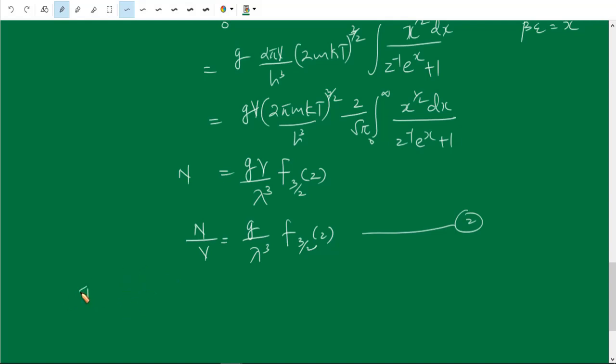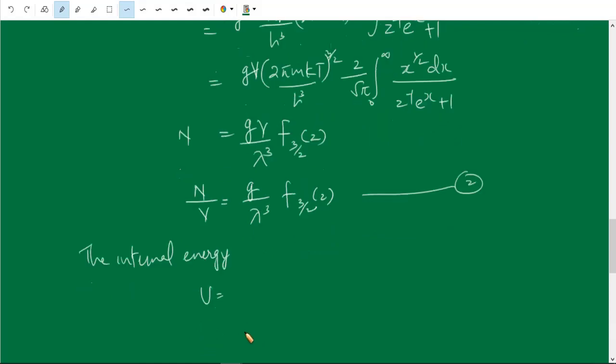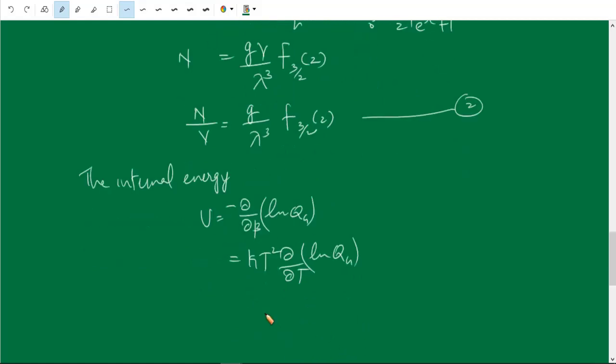Before that, the internal energy. We know the internal energy U is equal to minus the derivative with respect to beta of log Q, the grand partition function, which can again be written as kT squared partial derivative with respect to T of log Q. Now log Q is the grand potential, which is equal to PV divided by kT.